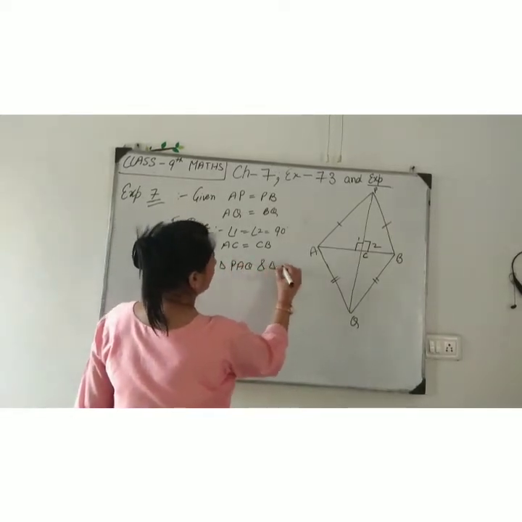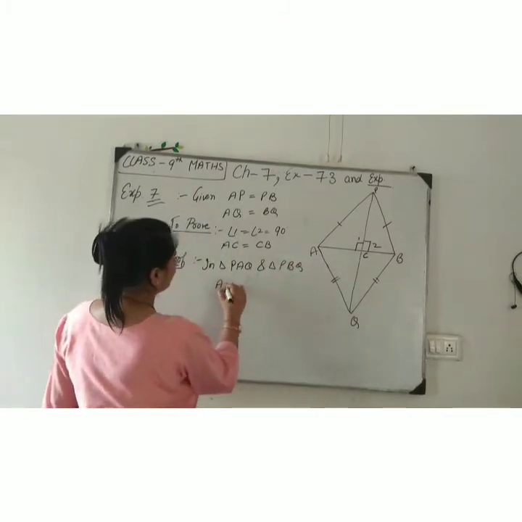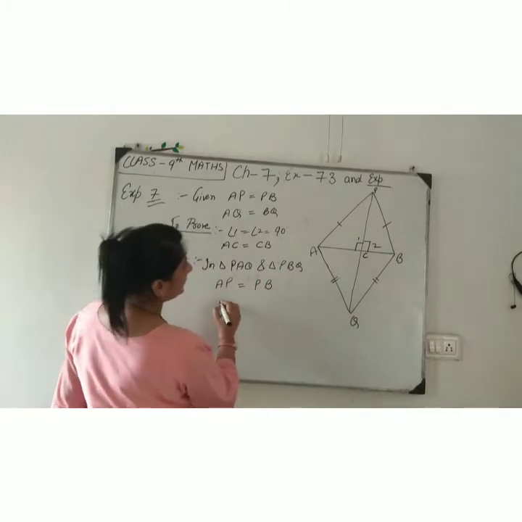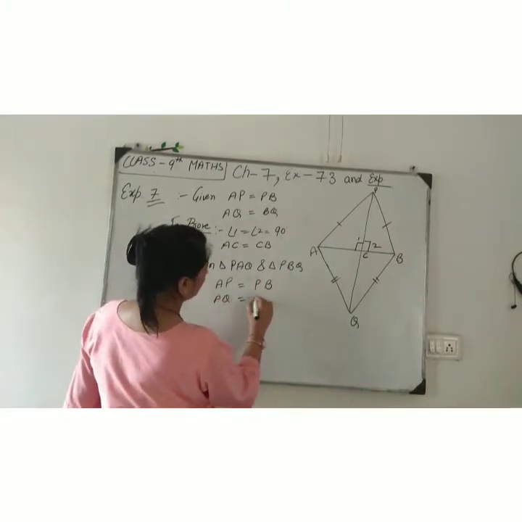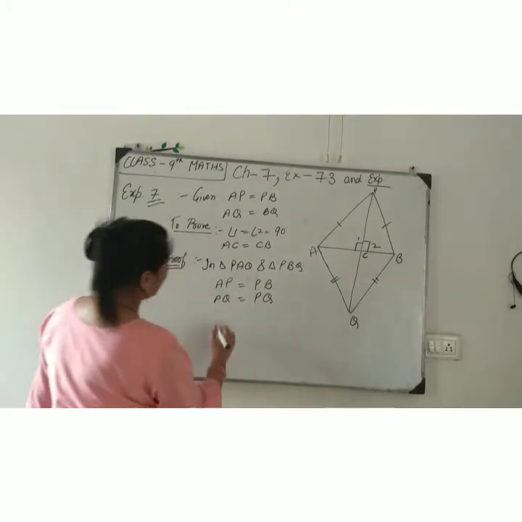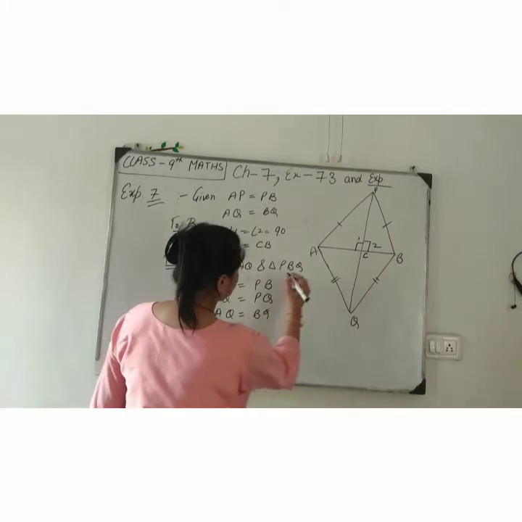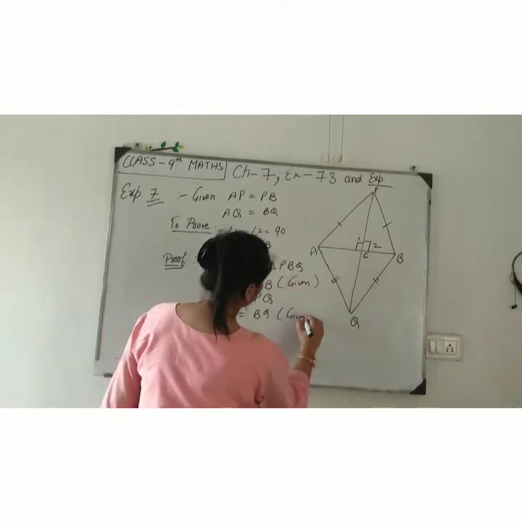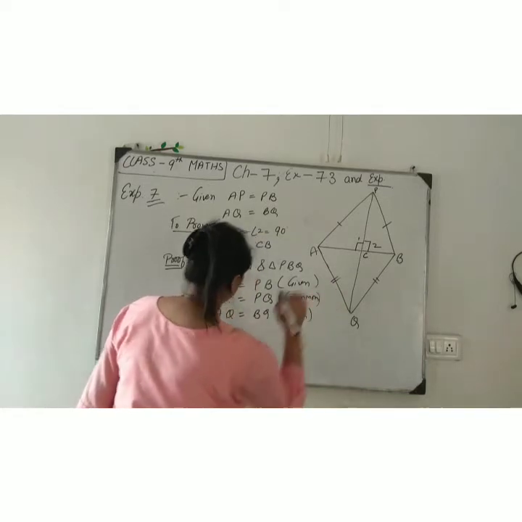Triangle PAQ and triangle PBQ. First, AP equal to PB. Next, PQ equal to PQ, and next, AQ equal to BQ. Reason: here it is given, this one is given, and this one is common.